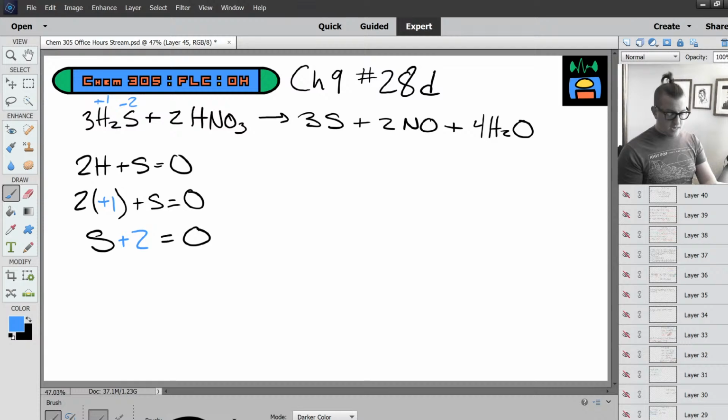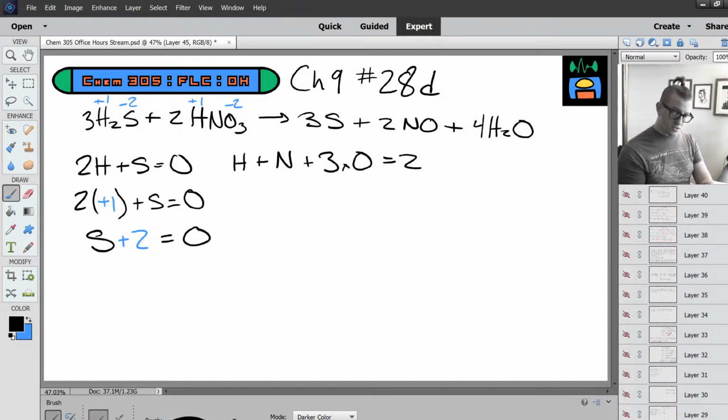Let's look at nitric acid, HNO3. Hydrogen will be +1. It's present with nonmetals. Oxygen, being more electronegative than nitrogen, will take its regular anionic charge. And now we can solve for nitrogen because the oxidation state of hydrogen, plus the oxidation state of nitrogen, plus 3 times the oxidation state of oxygen equals 0.